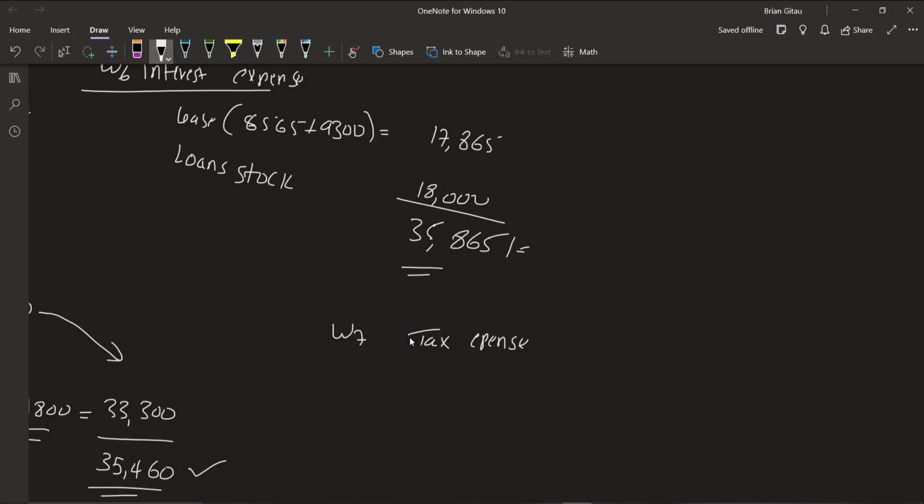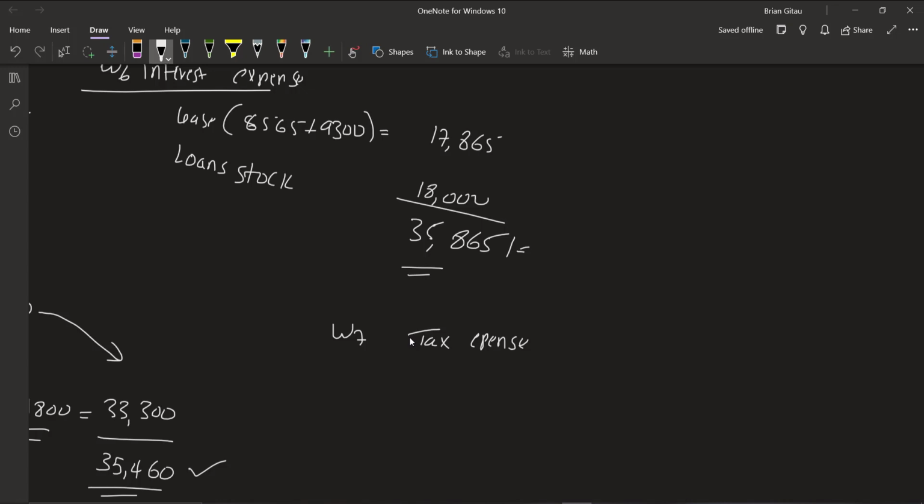In addition, the deferred tax liability of 36 million was provided for. We are also told that as at 30th September 2022, the temporary differences were 168 million.